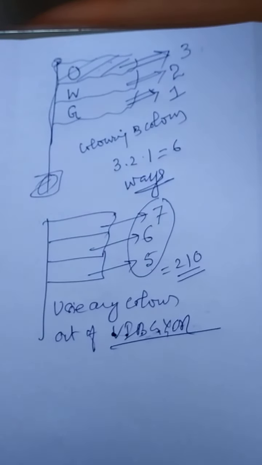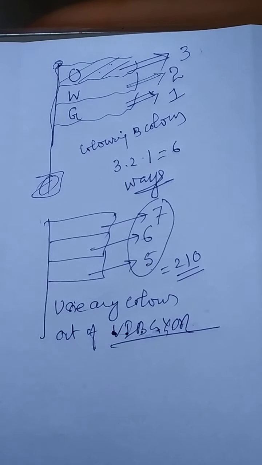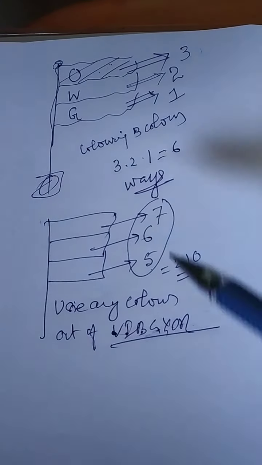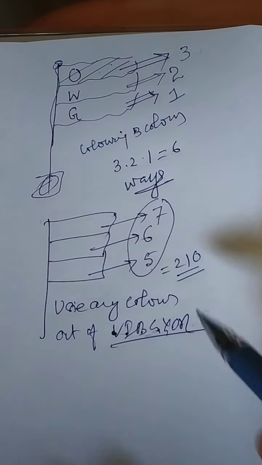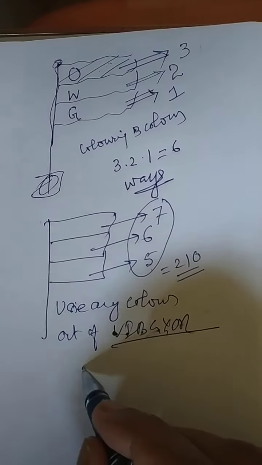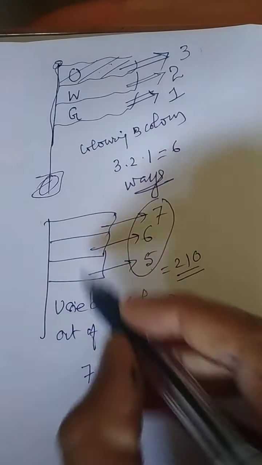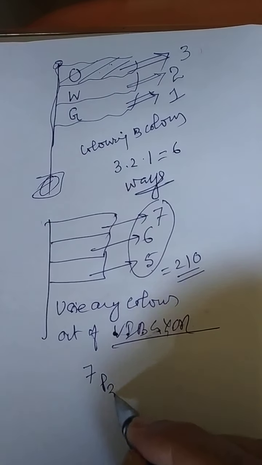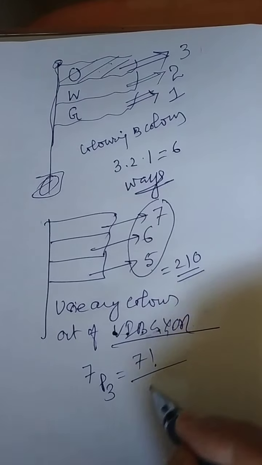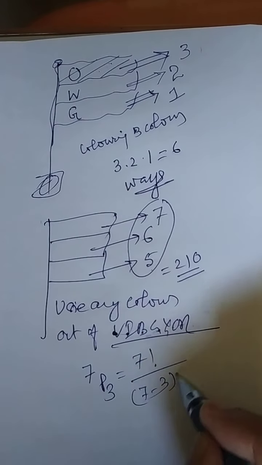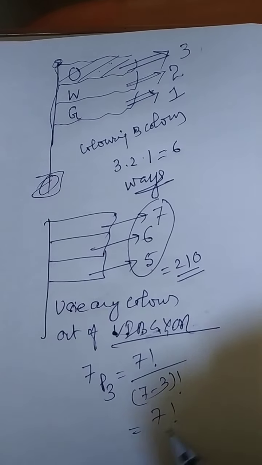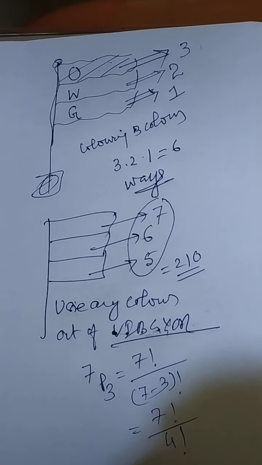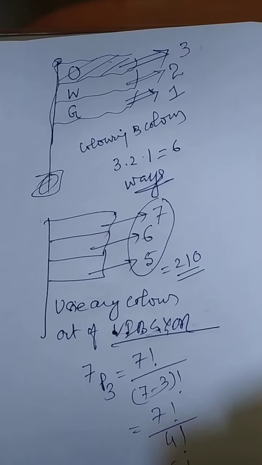But everywhere now we are talking about numbers. So using that way you can get how many different things. If the number of colors changes, how should we talk about this? There are 7 colors given to you and you have to paint at 3 places. 7P3 will be 7 factorial upon (7 minus 3) factorial. Have you learned this now? It will be 7 factorial upon 4 factorial, which can be written as 7, 6, 5, 4 factorial.